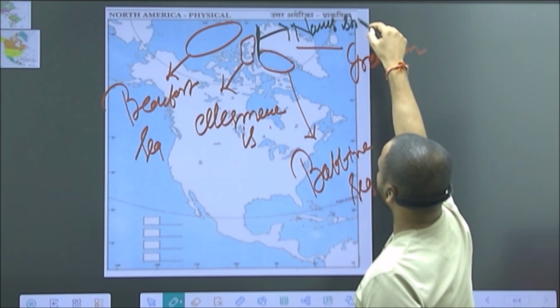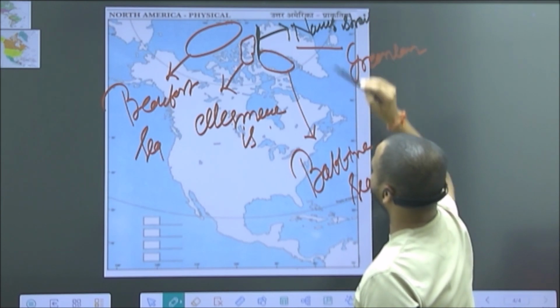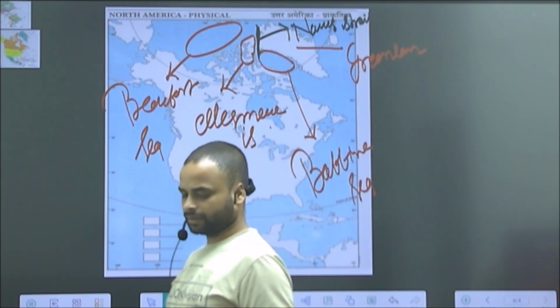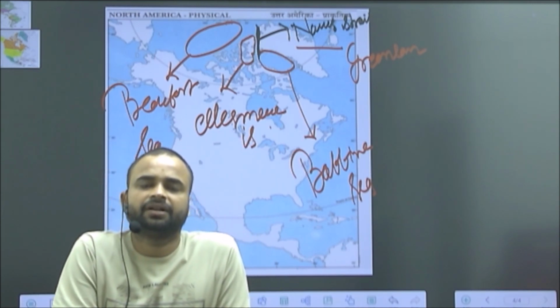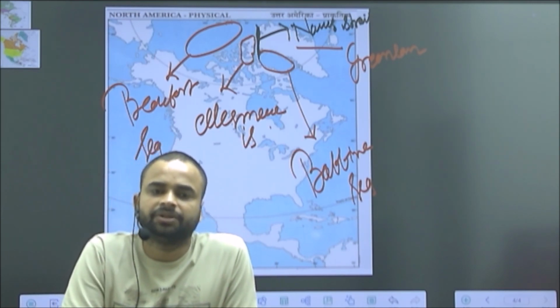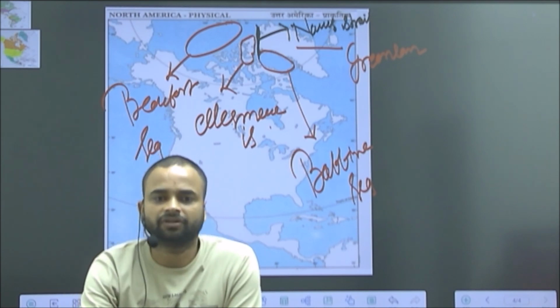Nares strait. You have to know the difference between bay and gulf and the difference between water strait and water channel.